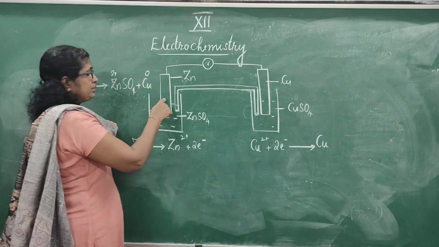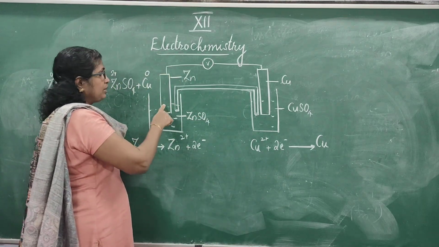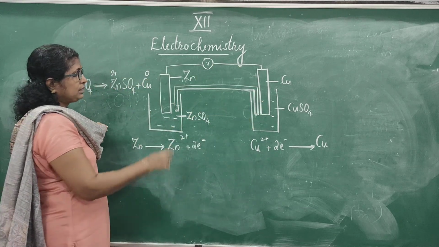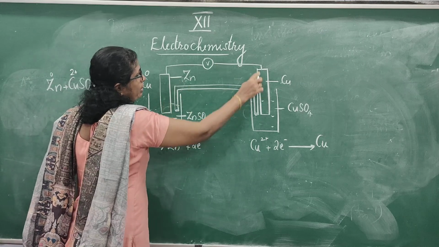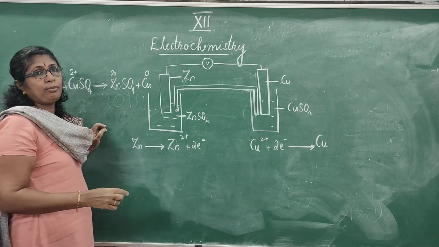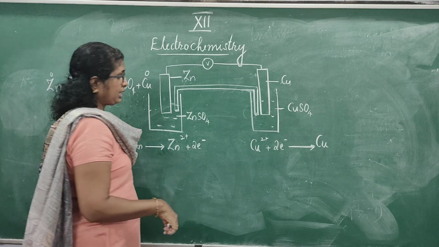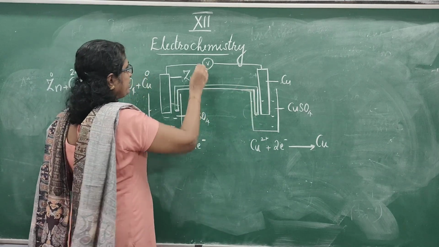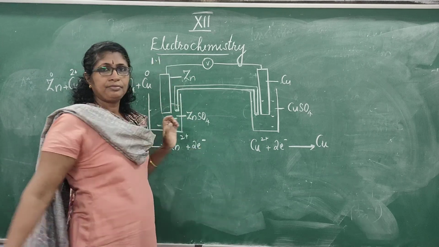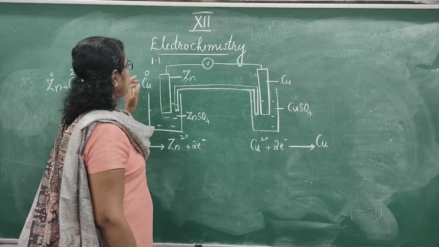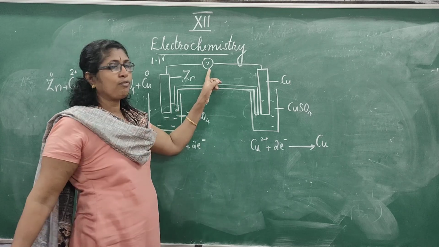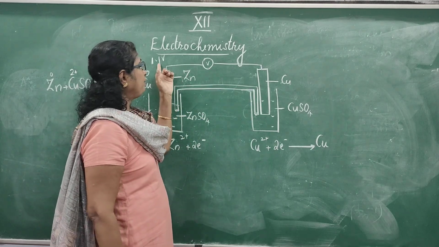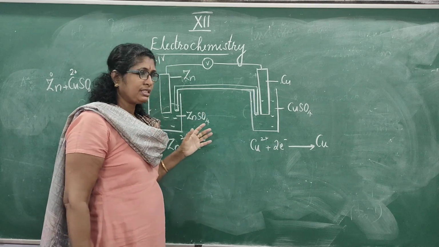The zinc rod becomes rich in electrons, which move through the wire and reach the copper electrode. This movement of electrons we call electric current. We will get a voltage of 1.1 volt in the voltmeter reading. That means an electric current of 1.1 volt is flowing through the circuit.